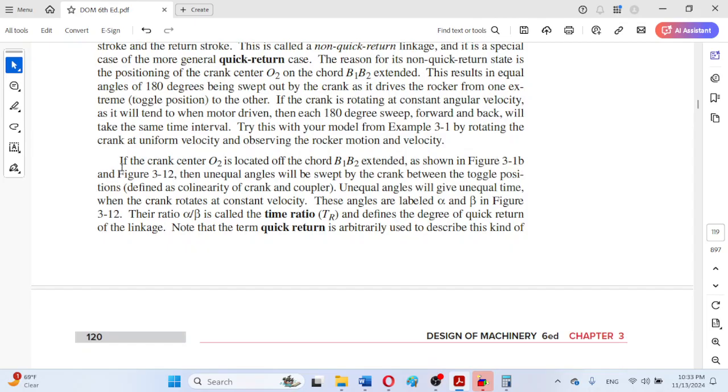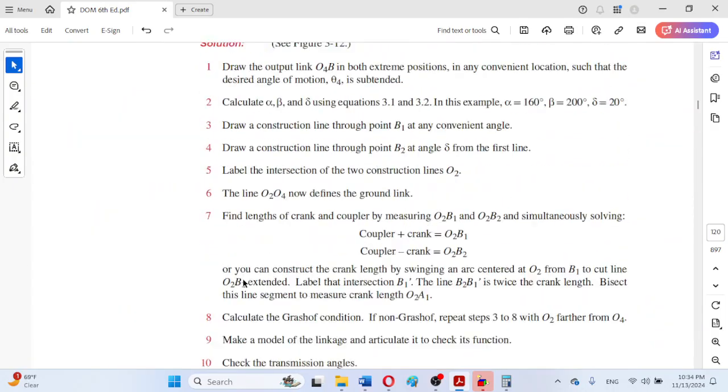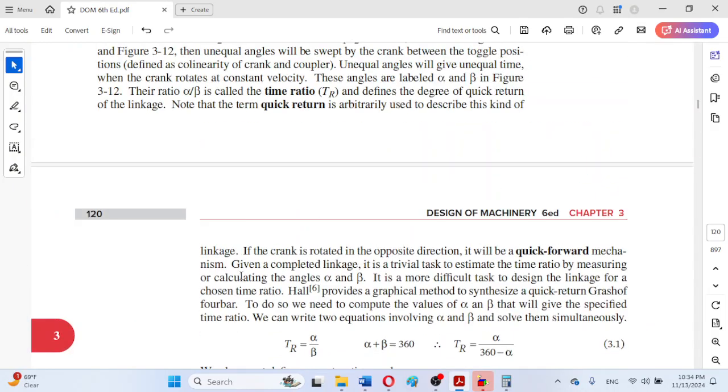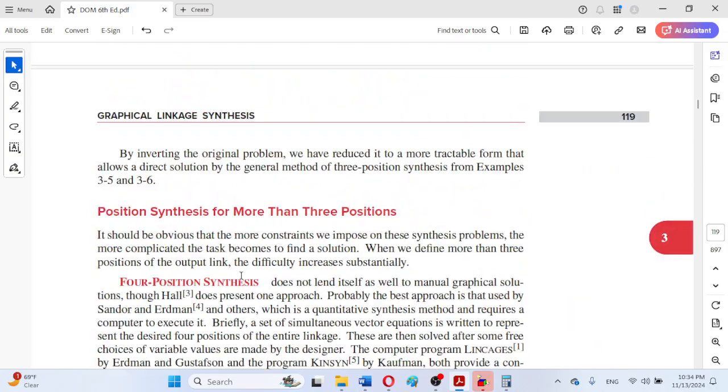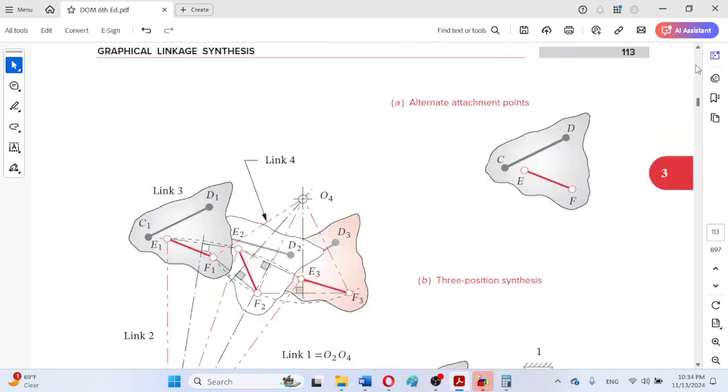Now the author states that if the crank center O2 is located off the chord B1 B2 extended, meaning the line connecting the extremities of the rocker, so if the crank grounded revolute is not located on that line, then as shown in figure 3-1b, I can show it here.